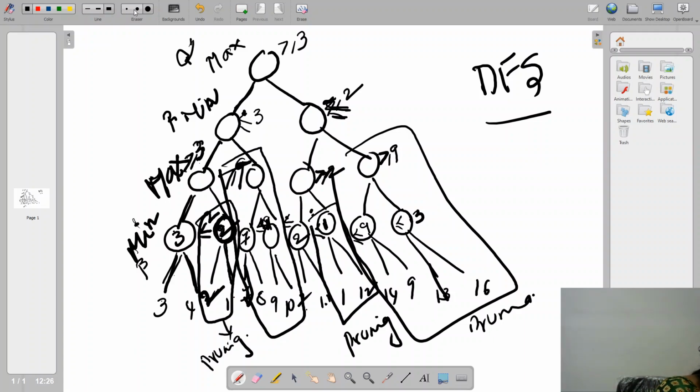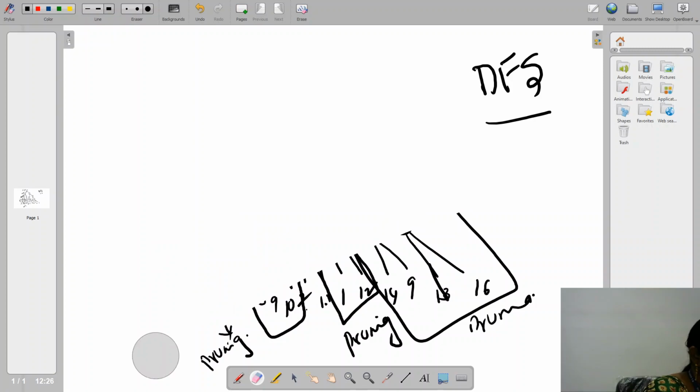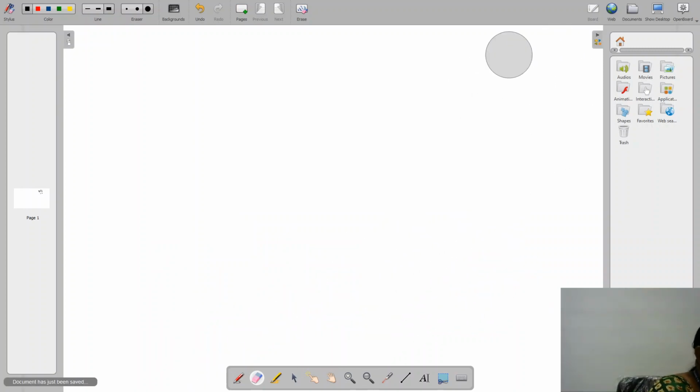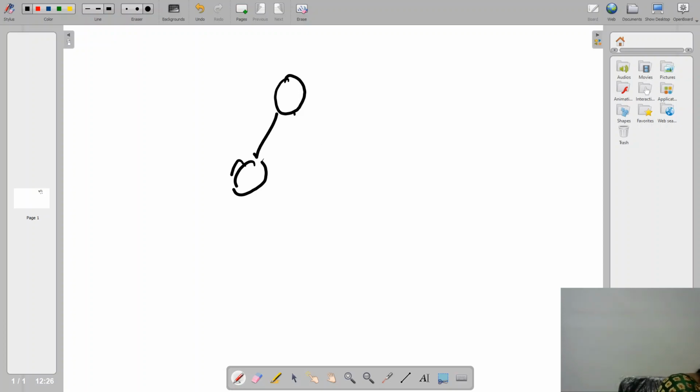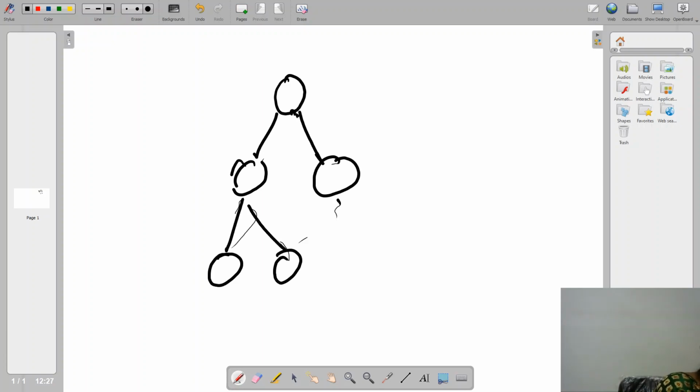So I'm explaining this again for your understanding, by giving a simple example. Suppose this is the node. I'm taking a simple example instead of a lengthy example so that you could understand clearly. First I explained with a lengthy example, then I would like to explain with a simple example, right?